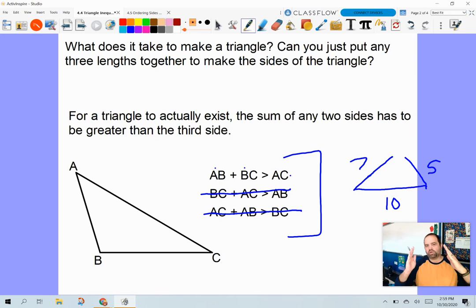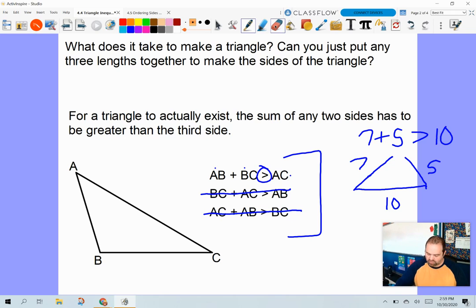When I start bringing those two pieces together, they're actually going to touch and come to a peak and make a triangle, because when I add 7 and 5 together, that is 12. That's bigger than 10. Don't get hung up on which way the sign's pointing here. The big end of it, the open end of it, should go towards the bigger number. Okay, so 7 and 5 together is bigger than 10. So that'll actually form and make a triangle.